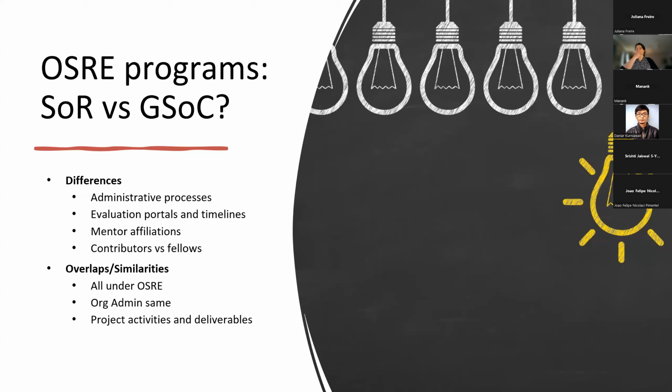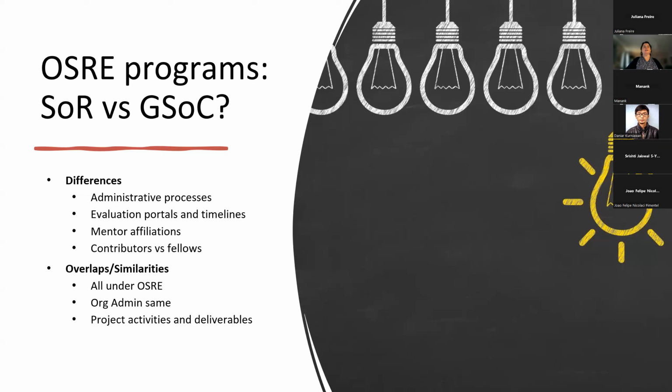You'll notice the difference is also mentor affiliations. For those of you in the Summer of Reproducibility, a lot of your mentors are not UC affiliated researchers, and those are from you for GSOC. At least one of your mentors should be UC affiliated, and I don't think that's a huge difference for you, because the work doesn't really change.